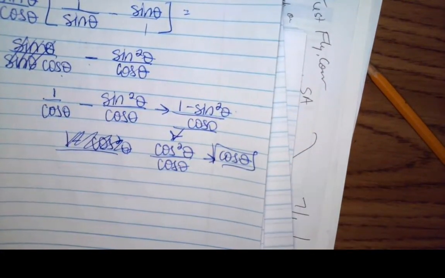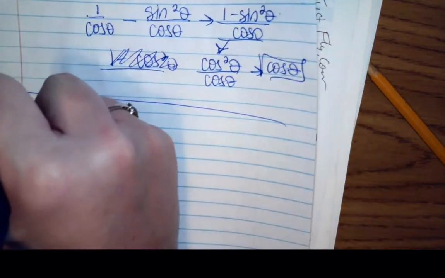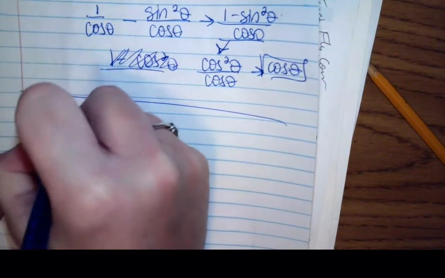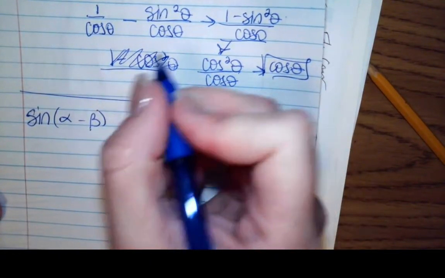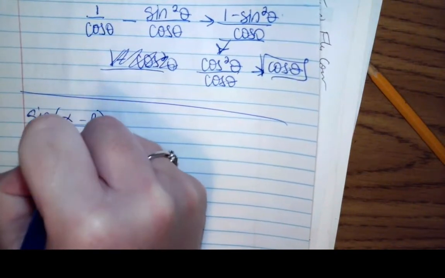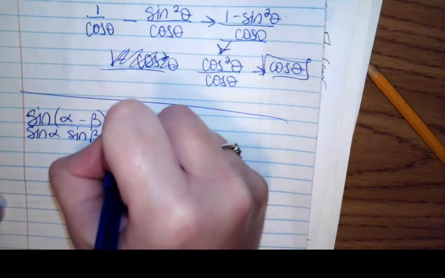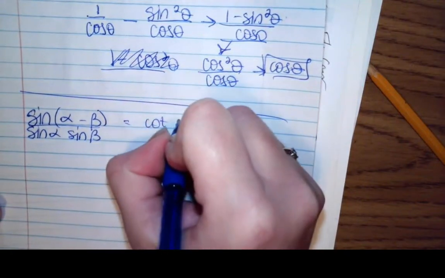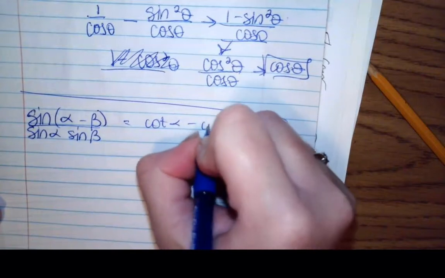All right, so number 20, we have sine of alpha minus beta over sine alpha sine beta, and we want that to equal cotangent beta minus cotangent alpha.